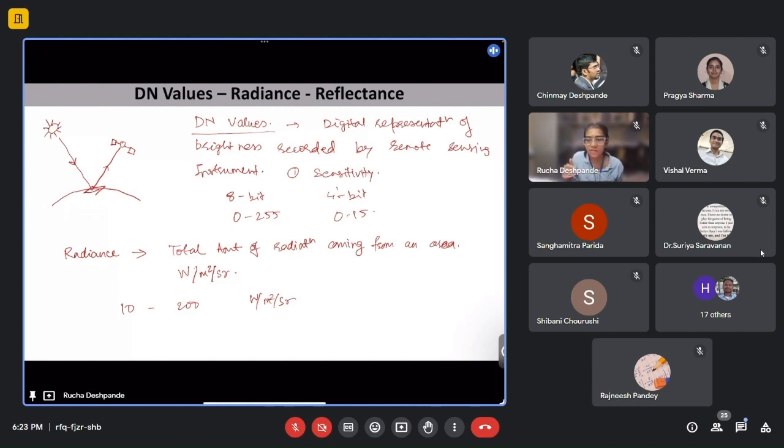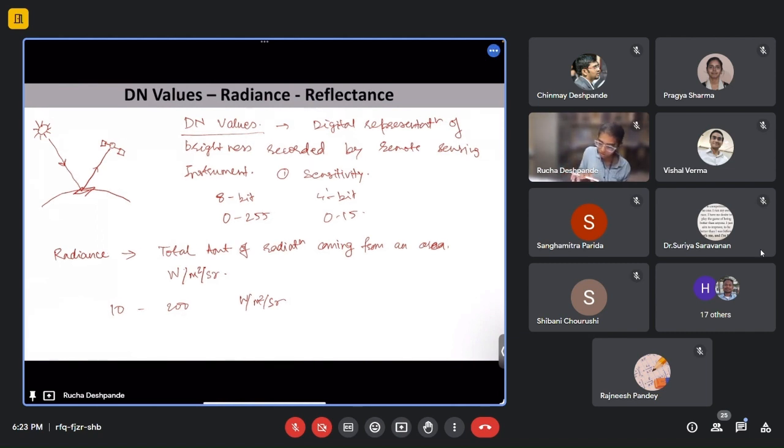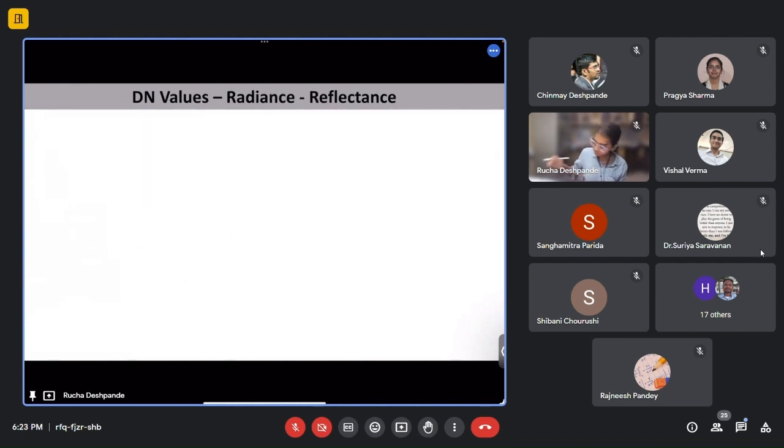So it takes us closer to being able to compare it in different scenes. So let's look at reflectance.